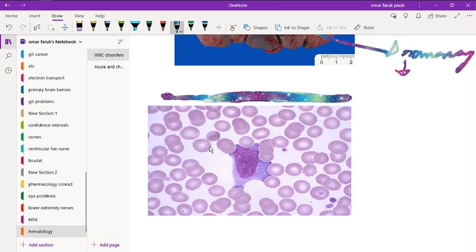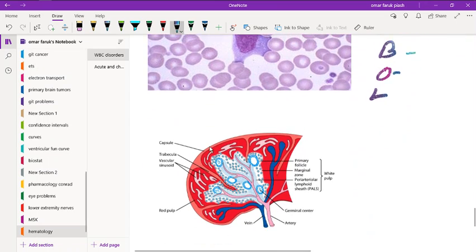CMV is a less common cause than EBV. EBV is also known as kissing disease. It actually affects teenagers, and about EBV you have to remember this: the dormancy of EBV is in the B cell, and it can infect the oropharynx causing pharyngitis, and it can infect the liver, resulting in hepatomegaly and elevated liver enzymes.